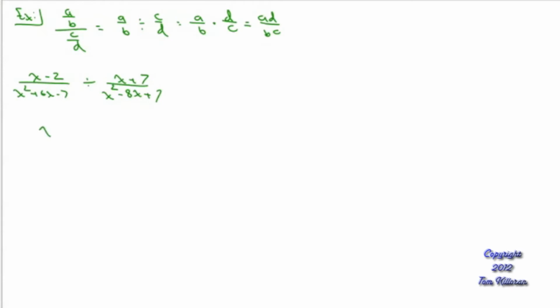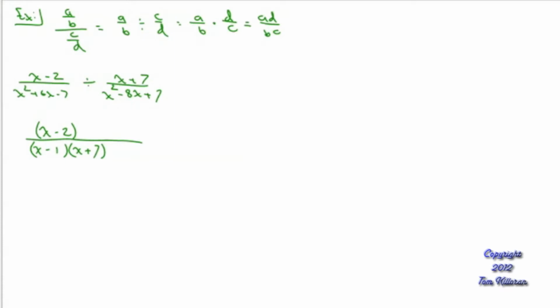The first fraction is not going to change. I am going to put it in parentheses. The bottom one, the denominator: factors of 7 that subtract to 6. 1 and 7. What kind of 7? A positive 7 for sure. So we're going to get x minus 1, x plus 7.